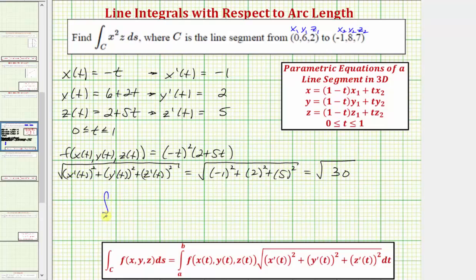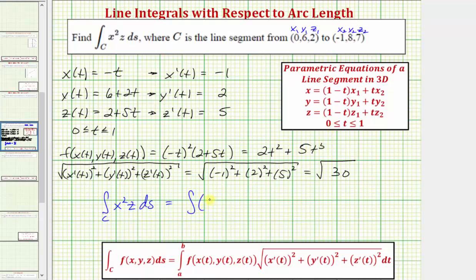So the line integral along the curve C of x squared z integrated with respect to s, or arc length, is equal to the integral of f expressed as a function of t, which we already found here. Let's go ahead and distribute. We'd have t squared times 2, that's 2t squared, and then plus t squared times 5t, that's plus 5t to the third.